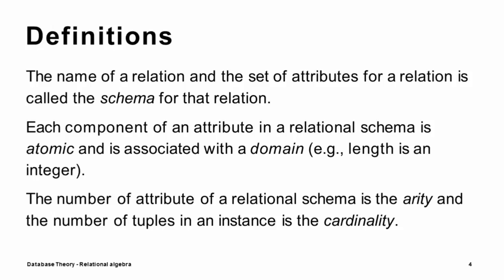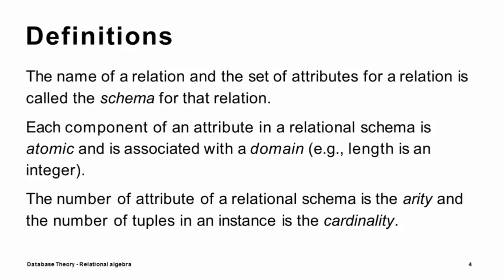So we have the schema. We also have each component of an attribute, and we will come to that later on when we are talking about normalization, is that they are atomic, can contain only one thing, which is a good thing. And they are also associated with a domain. And a domain, as it says here, is a length as an integer.